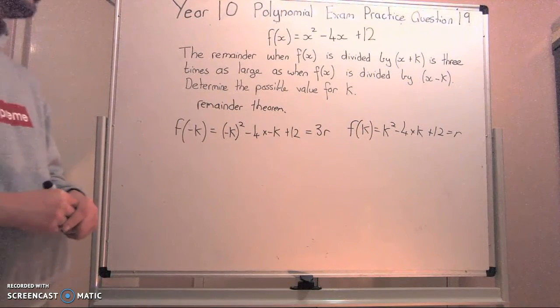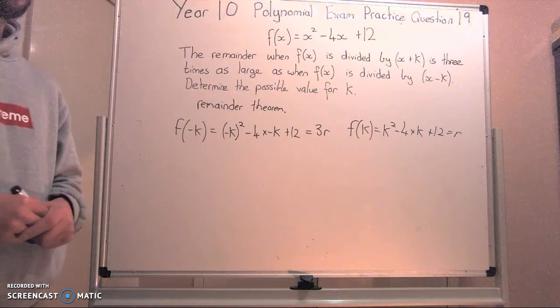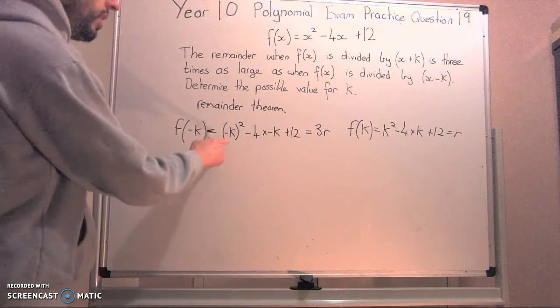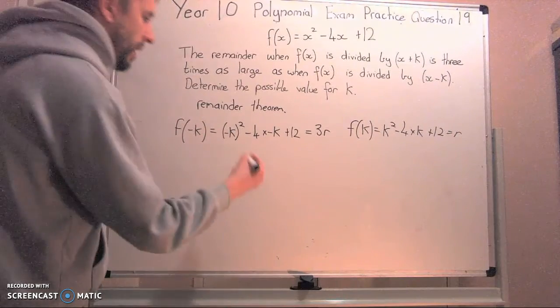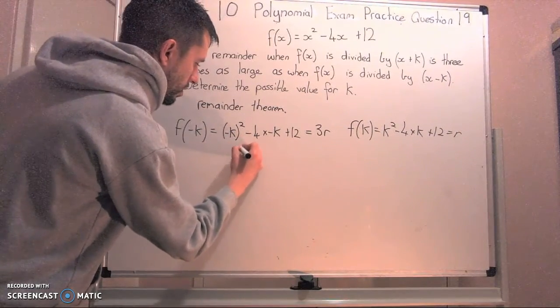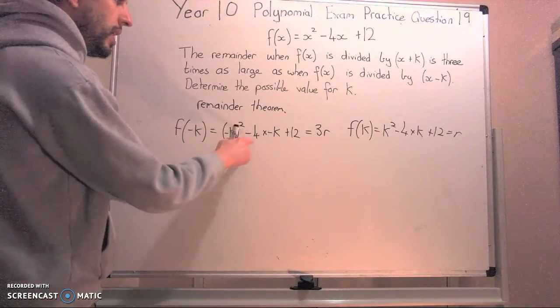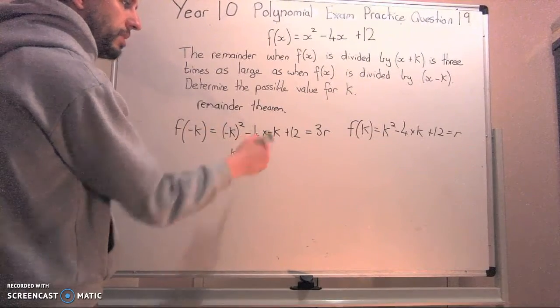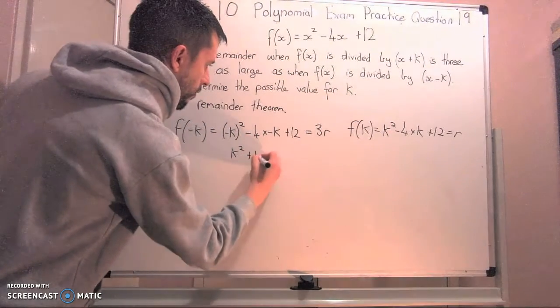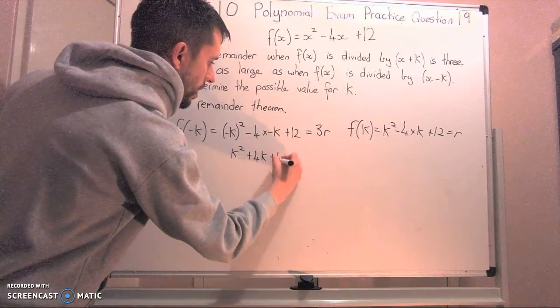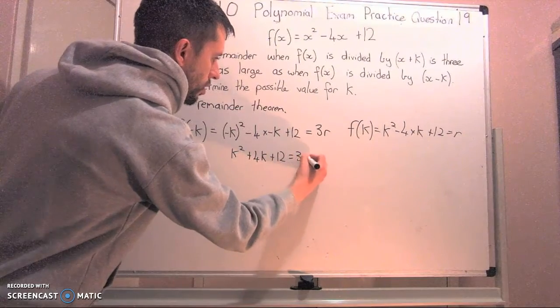Now I just need to simplify both of my equations. So negative k times negative k is positive k squared. Negative and times negative is positive 4k plus 12 is equal to 3r.